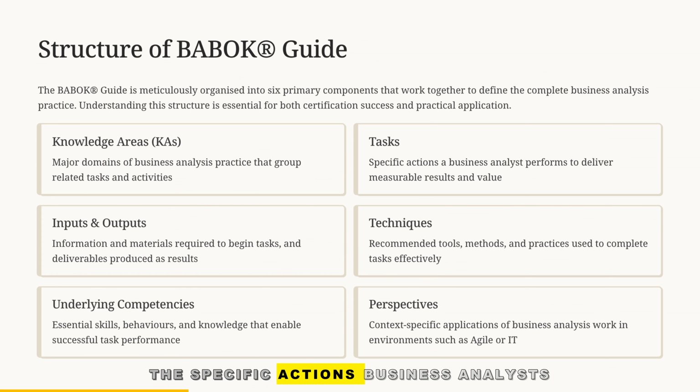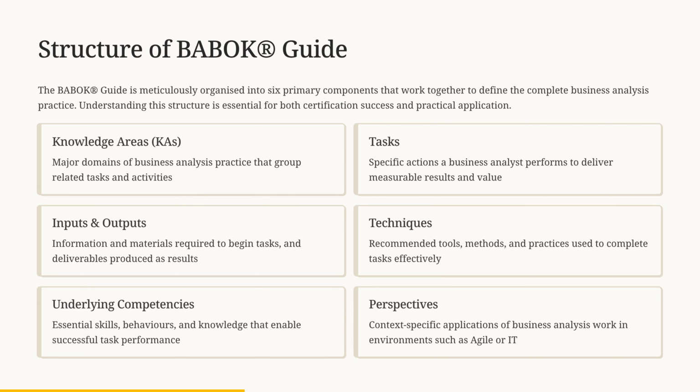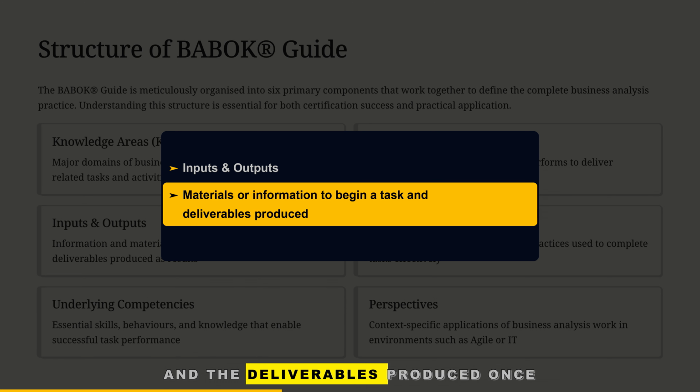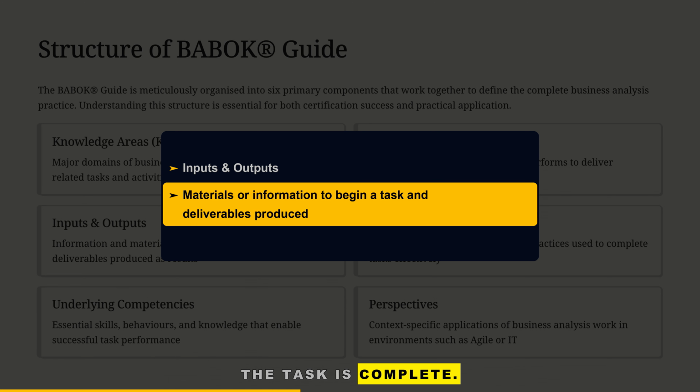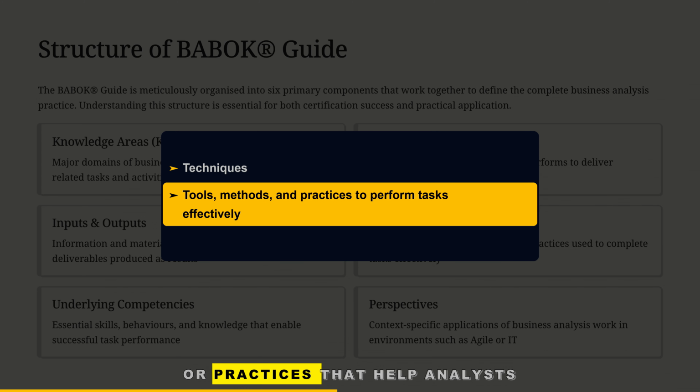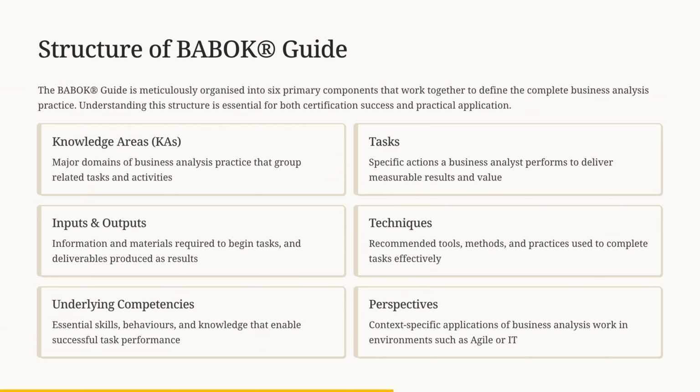Tasks, the specific actions business analysts perform to deliver results and value. Inputs and outputs, the materials or information required to begin a task, and the deliverables produced once the task is complete. Techniques, tools, methods, or practices that help analysts perform tasks effectively. Over 50 of them are defined in BABOK.